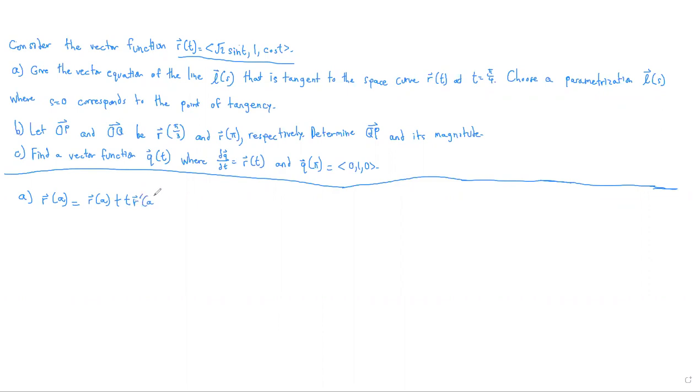This is the way I do my formula, and I'm going to apply it here, except we're asked to use s, so I'm going to be using s as opposed to t.